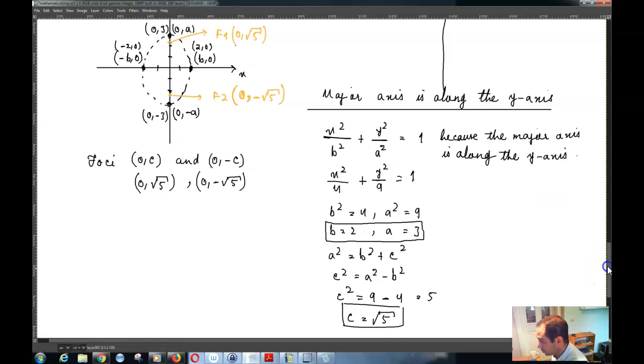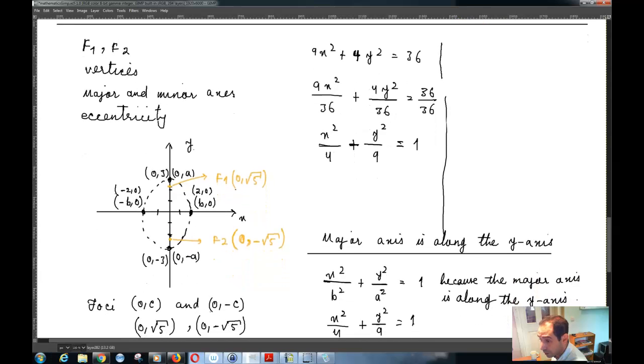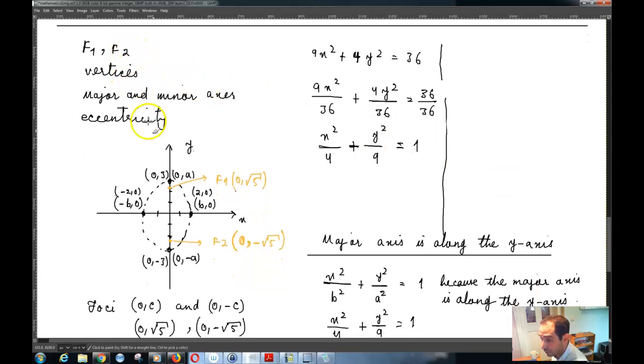And so now we have our foci, we have our vertices, we have the major and minor axes. The length of the major axis is basically 6 units. The length of the minor axis is 4 units.